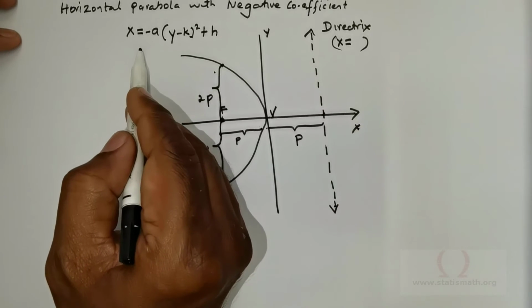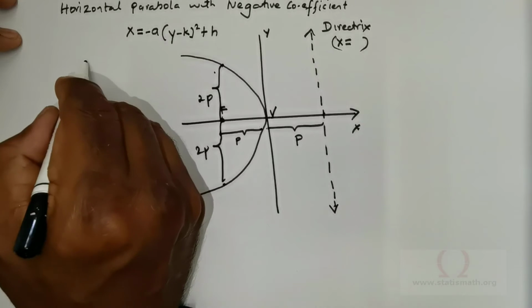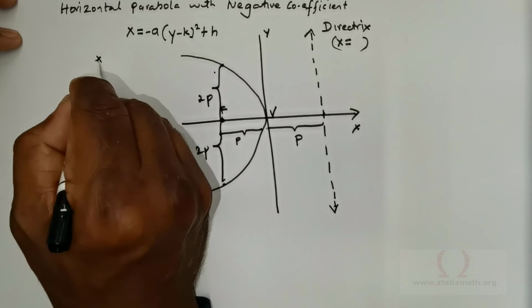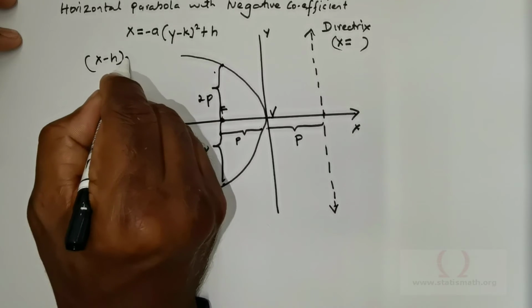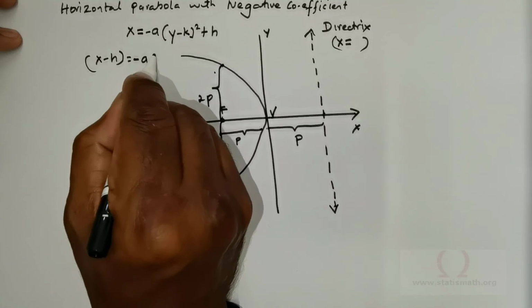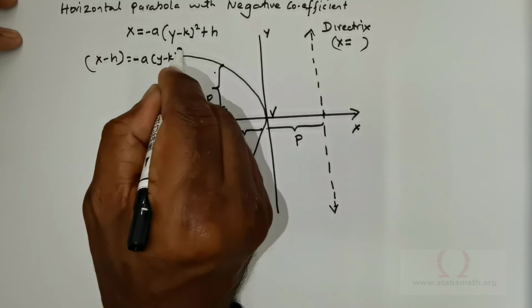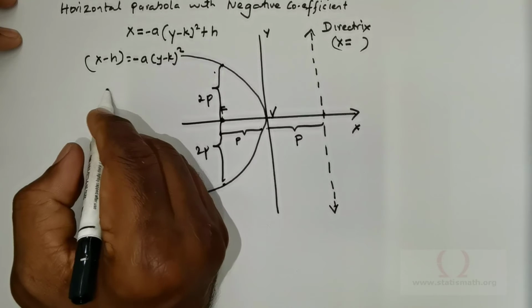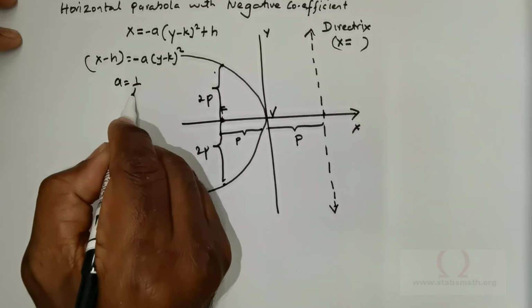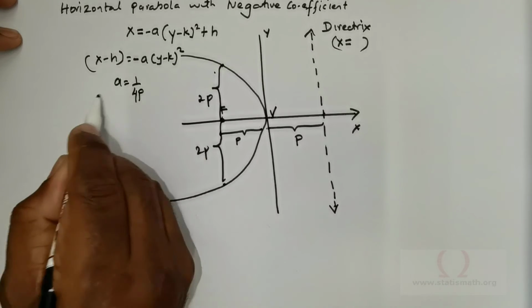So from here we would rewrite this in the following way. This can be rewritten as x minus h is equal to negative a times (y minus k) raised to the power 2. Of course, the value of a is 1 over 4p. I can rewrite it there.